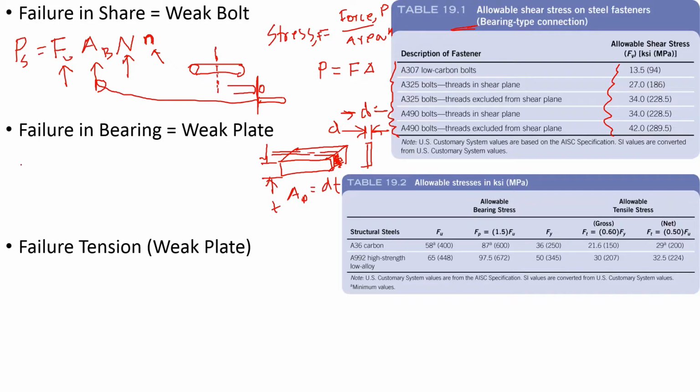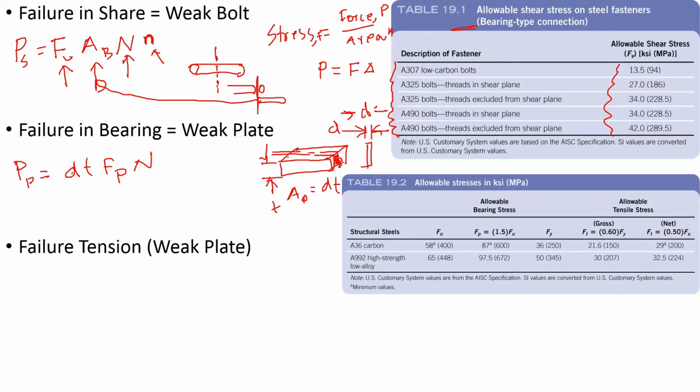So the total load, the weak plate or bearing load, let's express that as Pp, we can calculate that using the area, which is dt, times the allowable stress times the number of bolts contained in the connection.